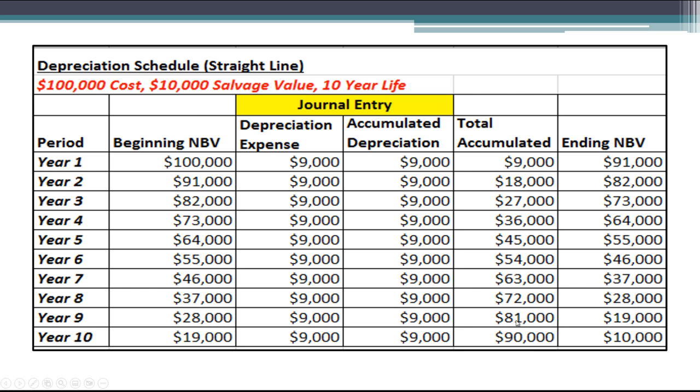Assuming none of our estimates changed, we want to stop at $90,000 and we're good to go. So that is a rule I want to point out. With straight line, it takes you right there automatically. There's no question. But some of the other methods later on, it might not automatically stop there. So we have to be careful. We have to always end it right at that net book value.